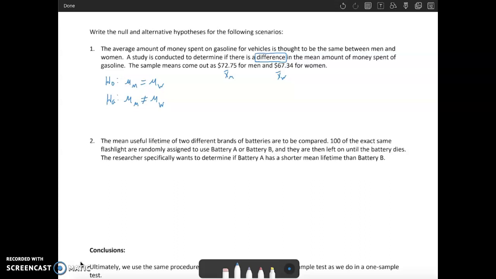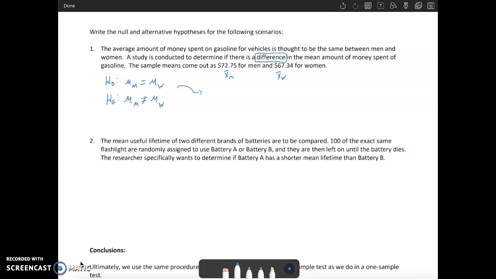Whenever you're running these tests and deciding on your hypotheses, you may have extraneous information out there. Whenever you're doing a two-sample test, you're always just comparing the two population means to each other. There's never an actual numerical value in your H sub naught and your H sub A.